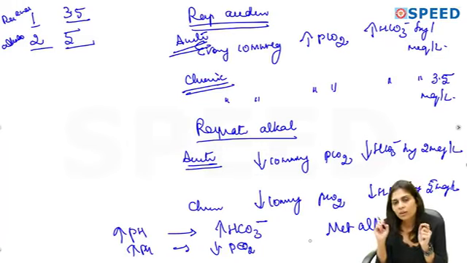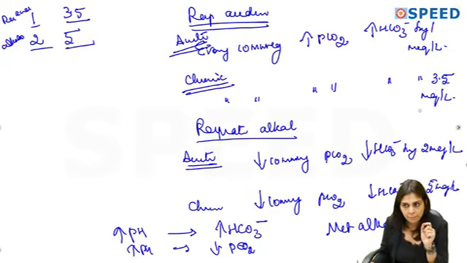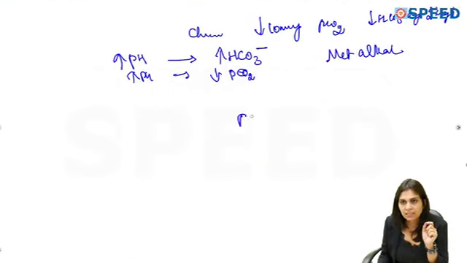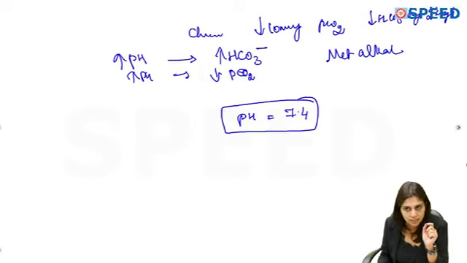Now, if I see a normal pH in an ABG report, can I safely say this person has got perfect acid-base homeostasis?